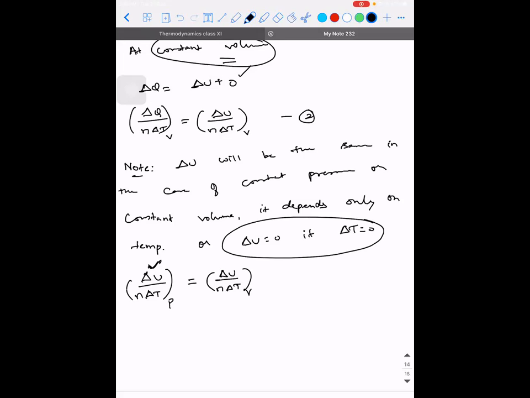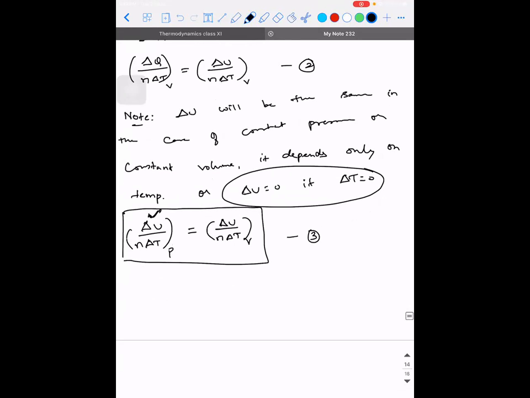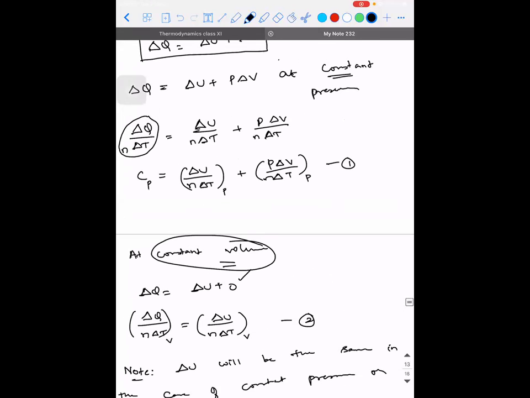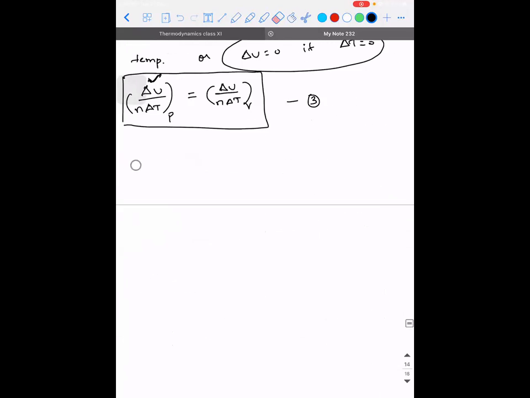Okay. So in this scenario, delta U by n delta T at constant pressure is equal to delta U by n delta T at constant volume. So from this, what I can conclude is, observe, from 3, 2, and 1, can I conclude something like this?